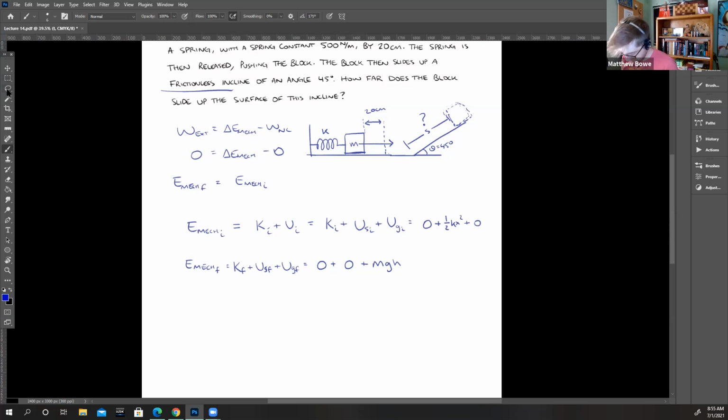Now looking at the equation I have just at the top right up here, I'm just going to set those two things equal to each other. And we have this spring potential is equal to the gravitational potential. mgh equals 1/2 spring constant x squared.